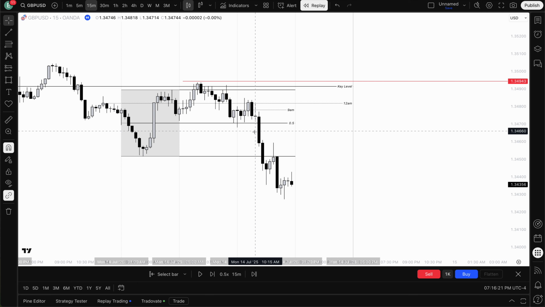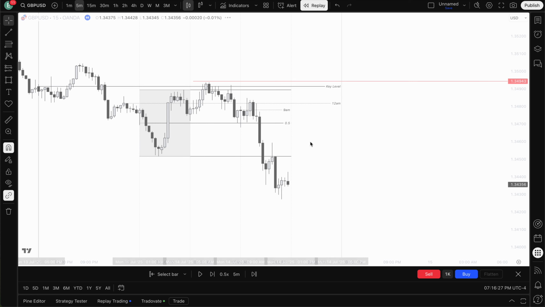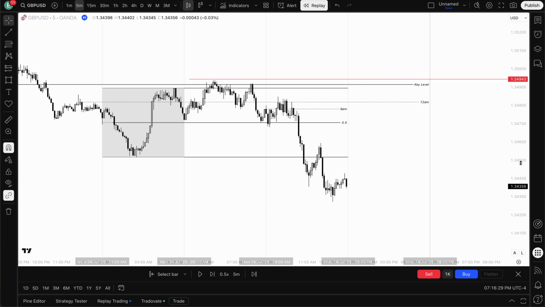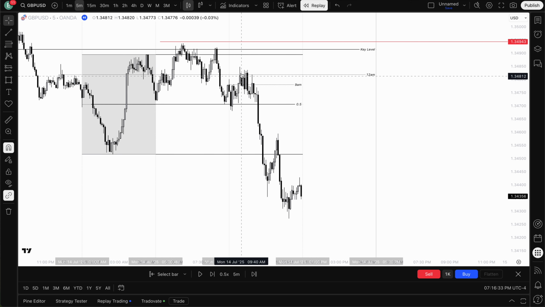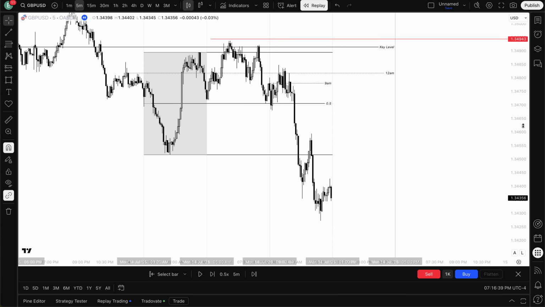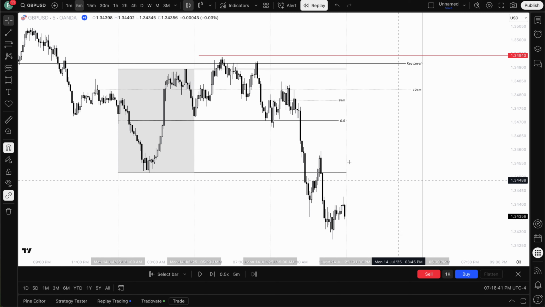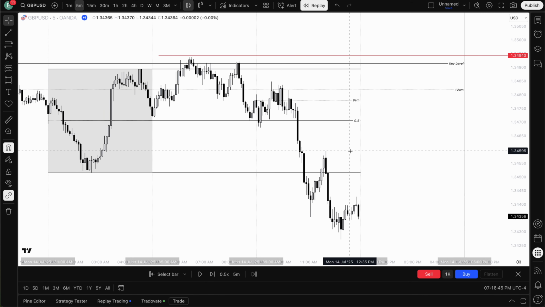Also forming an open, high, low, close. Other observations we can make. Notice how during the manipulation up here, how choppy it is. This is because the market makers want as little participants as possible to actually catch the move, right?